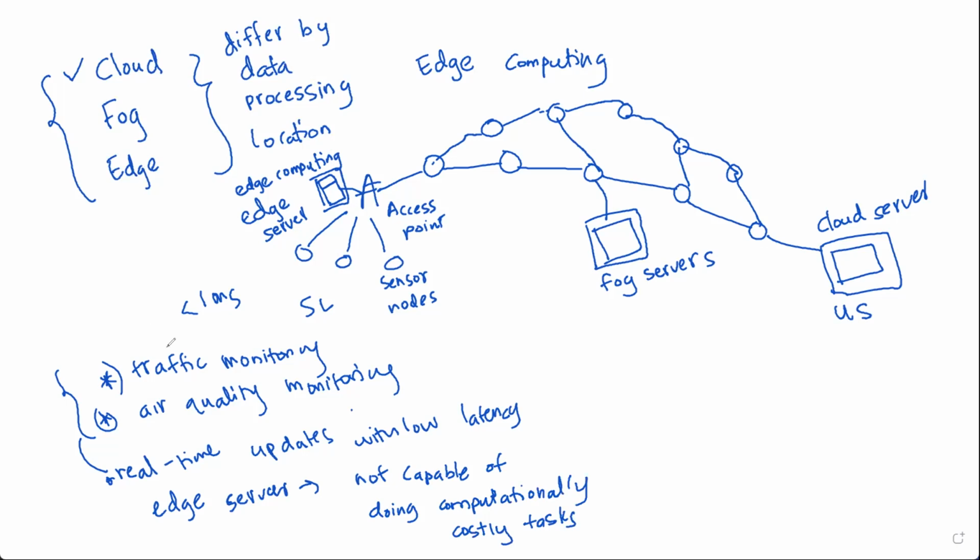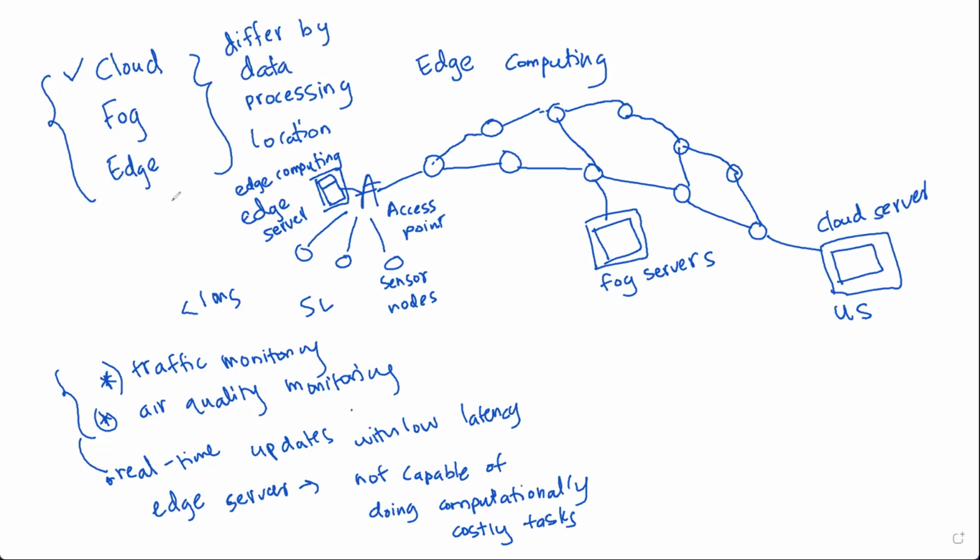So basically, the edge server might not be computationally efficient at all times. However, edge computing is also a good method for different applications which require very low latency of about below 1 millisecond.